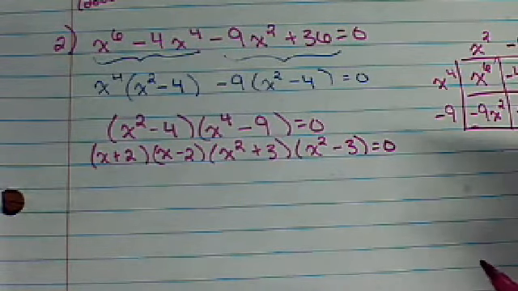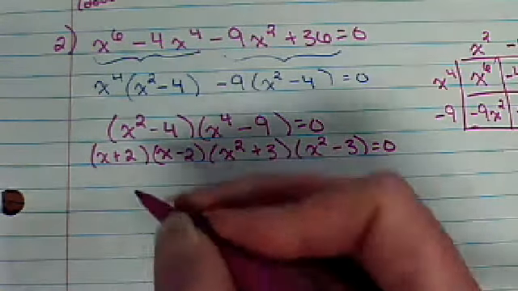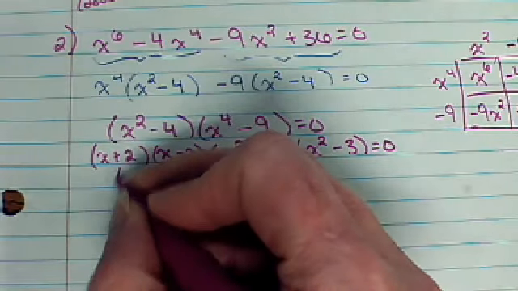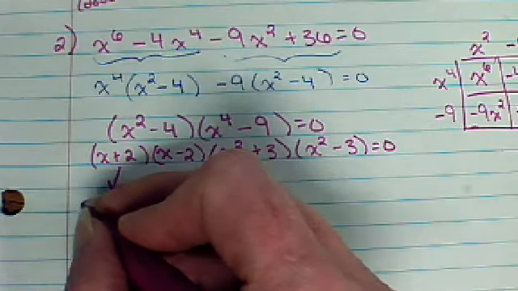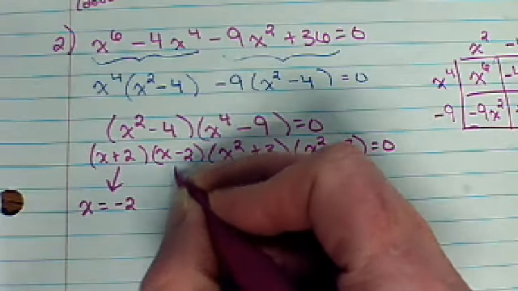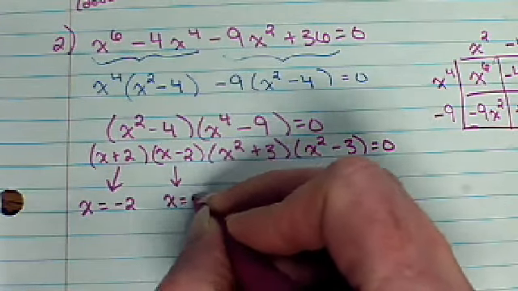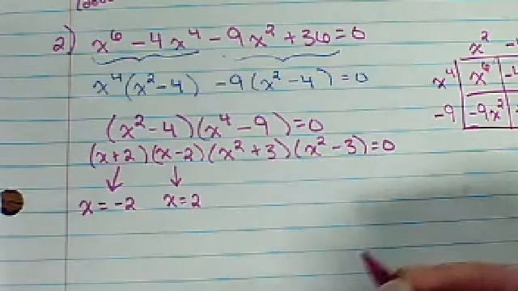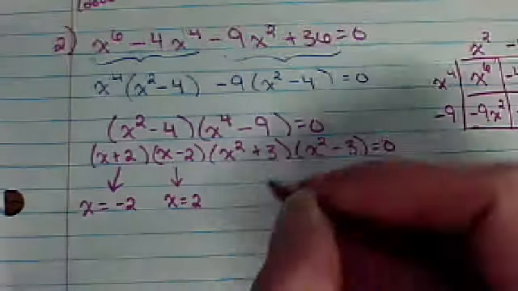So I'm going to set each factor equal to 0. These are easy. For x plus 2, I'm going to get the solution x equals negative 2. X minus 2, I get x equals 2. But these two, I'm going to have to see what happens.